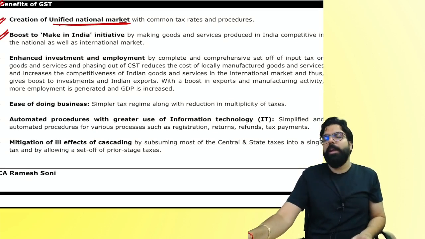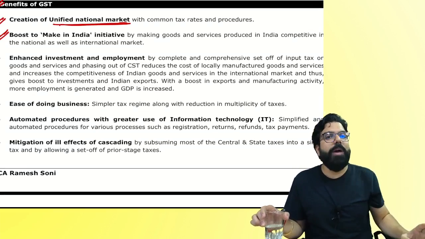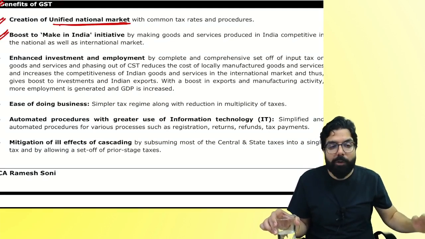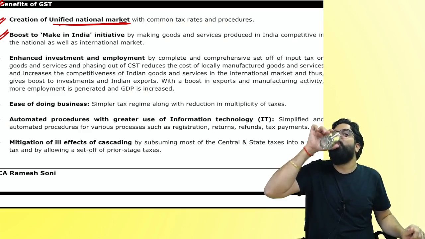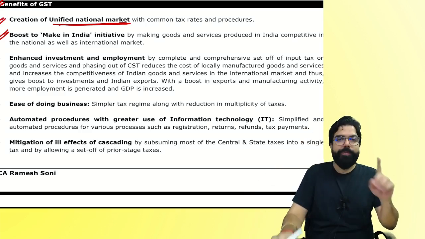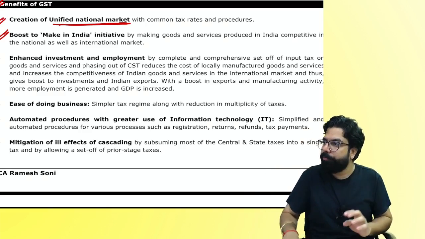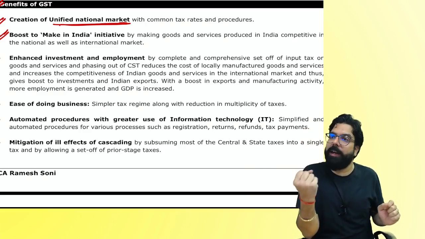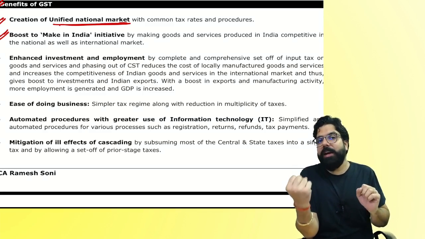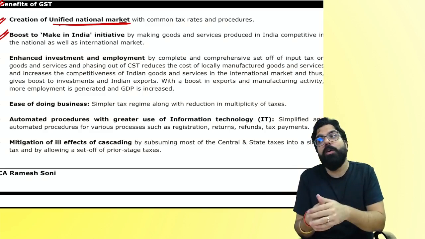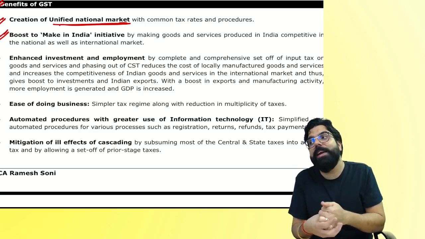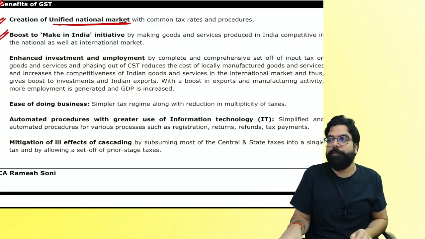Tell me one thing. If anything you buy, you are getting the credit, it will become part of the cost or cost will come down? Cost will reduce because whenever I buy, I'll get the credit. If I get the credit of the tax, cost will always reduce. When cost will reduce, will Make in India become cheaper or expensive?